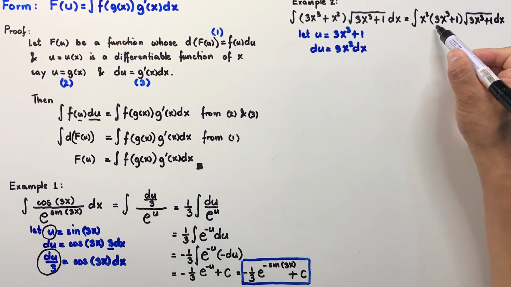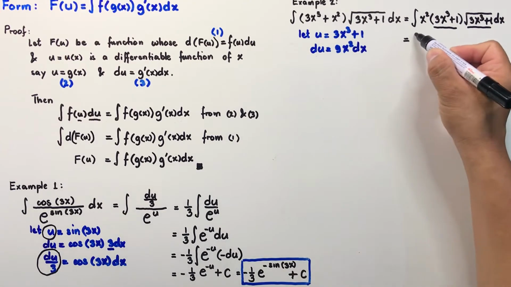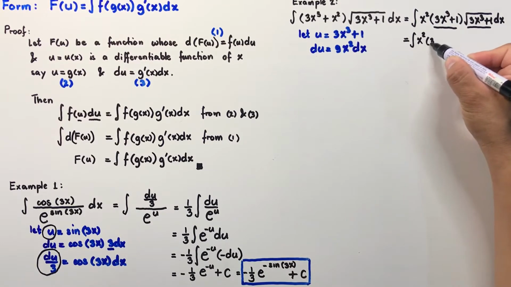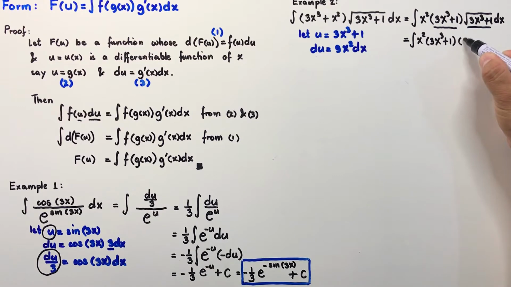Hence, we notice that this one and this one can be combined, because if you express our radical term to its equivalent exponential form, we have this as 3x cubed plus 1 to the power 1/2 dx.